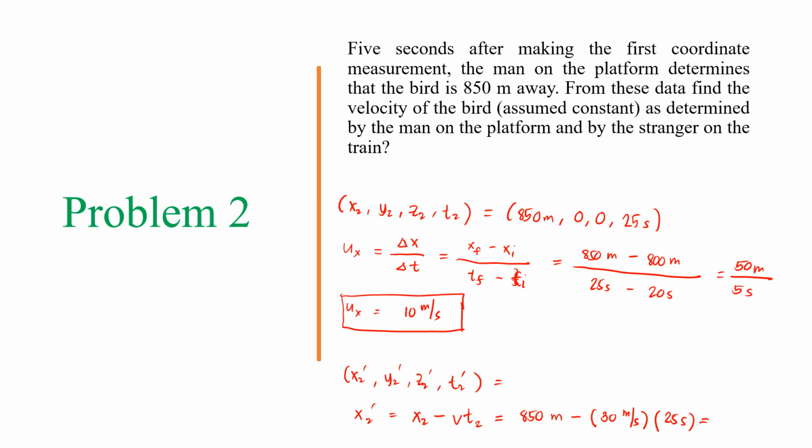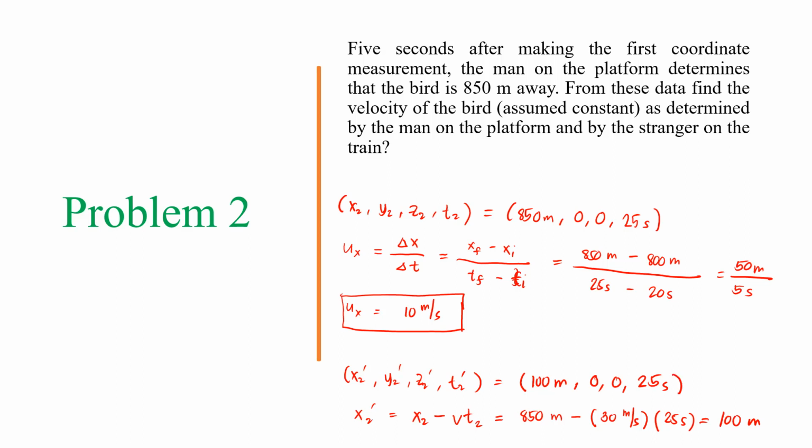Okay, so this one is 750, so we have 100 meters. Therefore, our prime coordinates in the second measurement after 5 seconds is 100 meters, 0, 0, and then we have t sub 2 prime, which is just equal to 25 seconds.